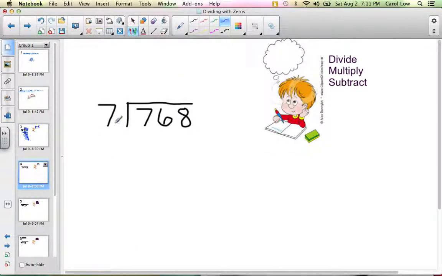768 divided by 7. I'm going to start off by dividing. 7 goes into 7 one time. 1 times 7 is 7. Then I'm subtracting. 7 take away 7 is 0. And then I bring down the 6.